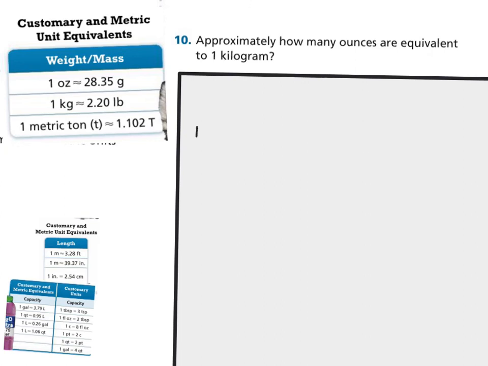So if we know 1 kilogram is 2.2 pounds, this one's a little bit different because we already actually have it. We're used to doing these conversions where it would say how many ounces are equivalent to 5 kilograms or something.